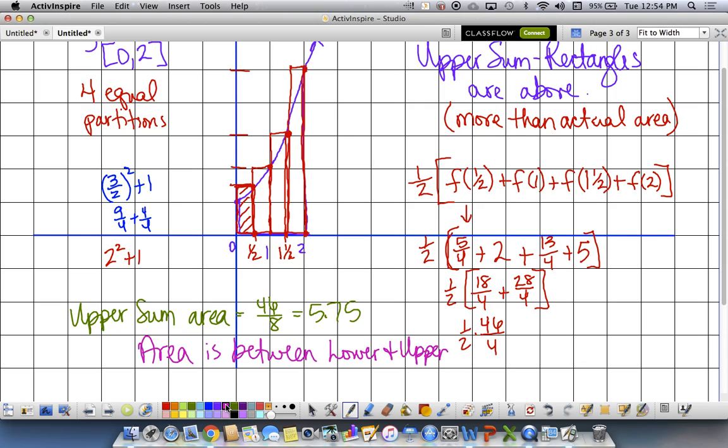So it has to be between, what was that last one, 3.75? Yep, 3.75 is less than the area and the area is less than 5.75. So the actual area will be between those two numbers. Okay? Whew, I feel like that was a lot. We'll do more. There's more to do.